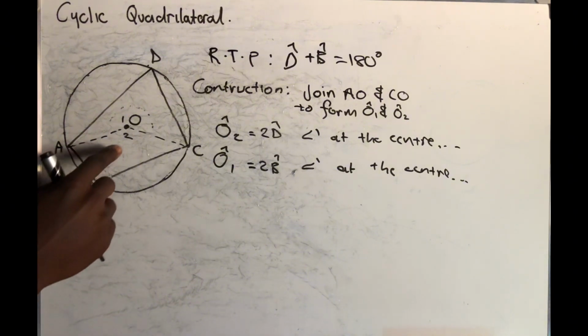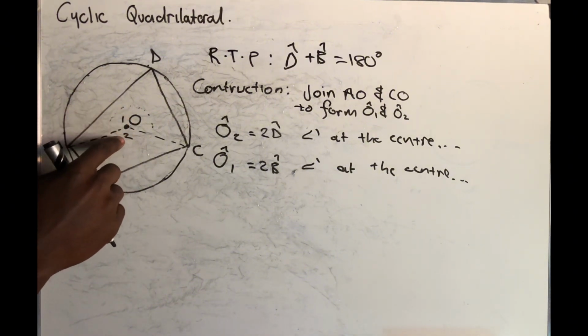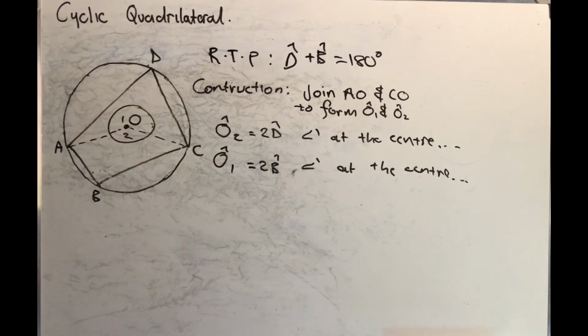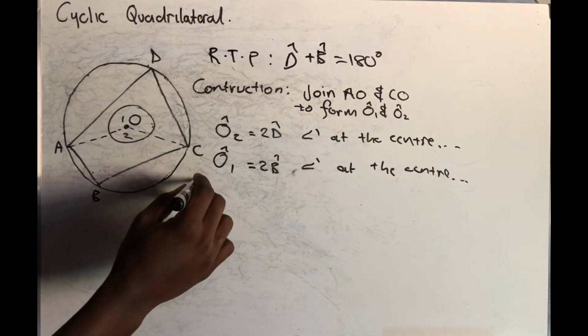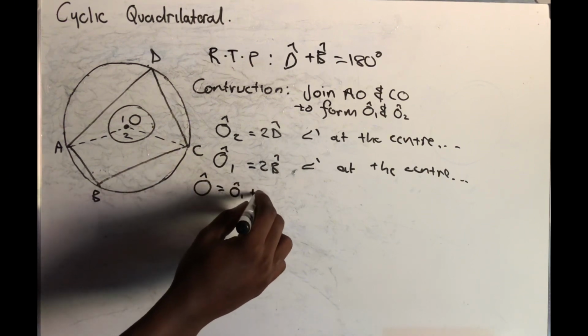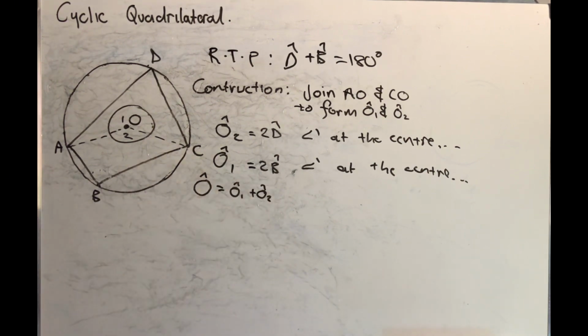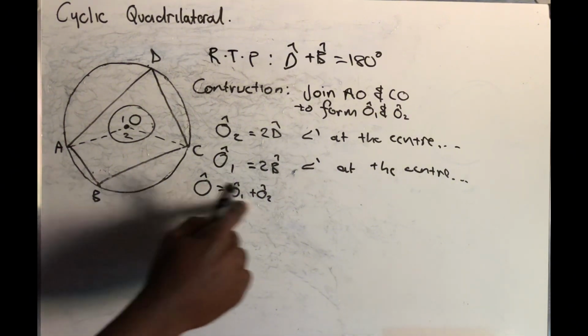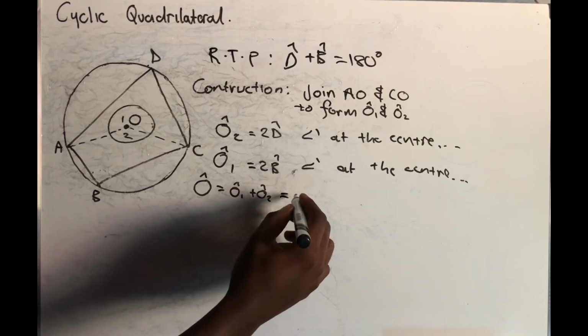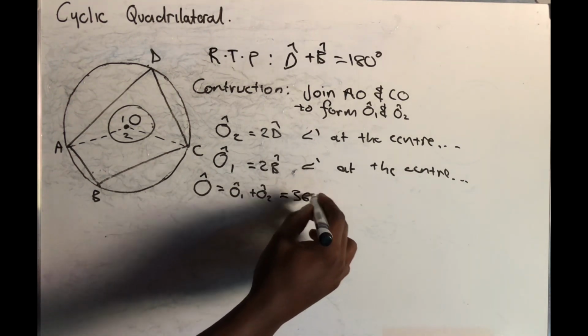But angle O1 plus angle O2 make up the whole of angle O. So we'll say angle O is equal to angle O1 plus angle O2. But all this equals to what? 360 what?